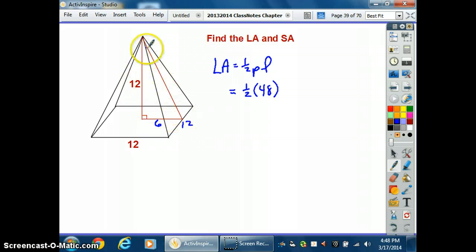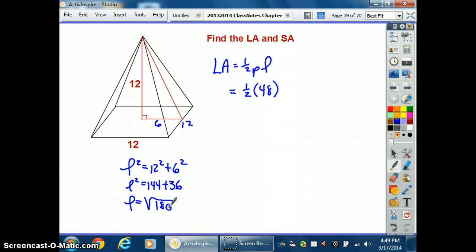Oh dear, messy again. Okay, so it'd be L squared equals 12 squared plus 6 squared, or L squared equals 144 plus 36, or L equals the square root of 80. And I think that we can take a 9 out of that, so it would be 9 times 20. Well, I guess I could break that down even more.